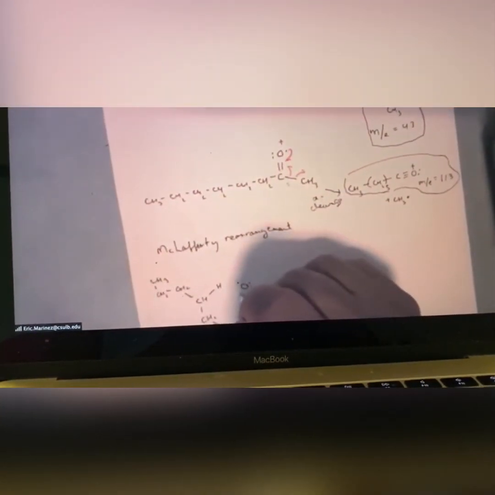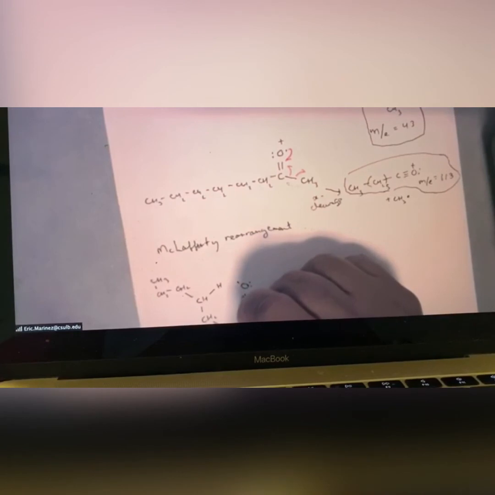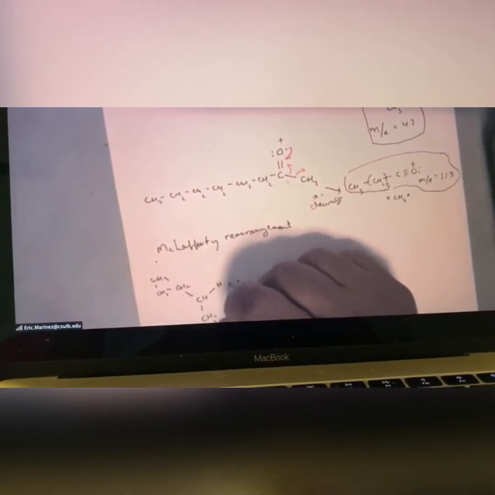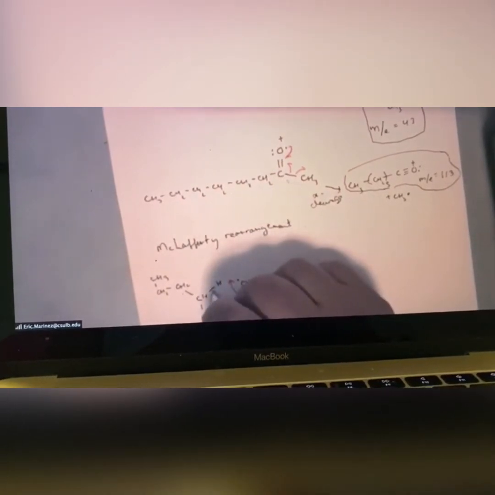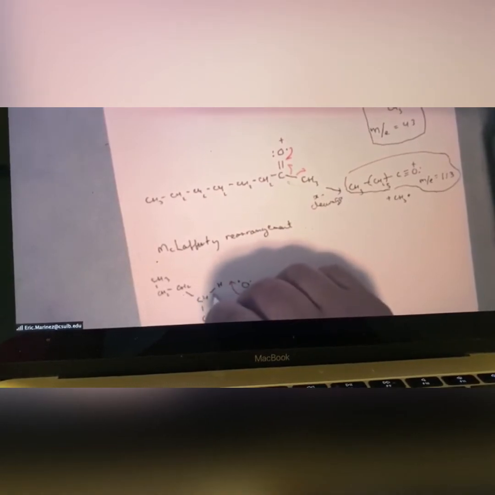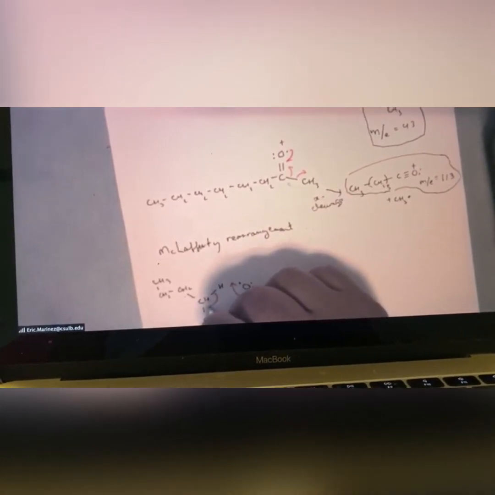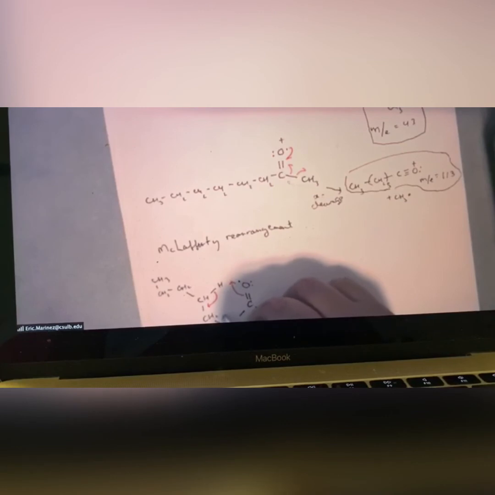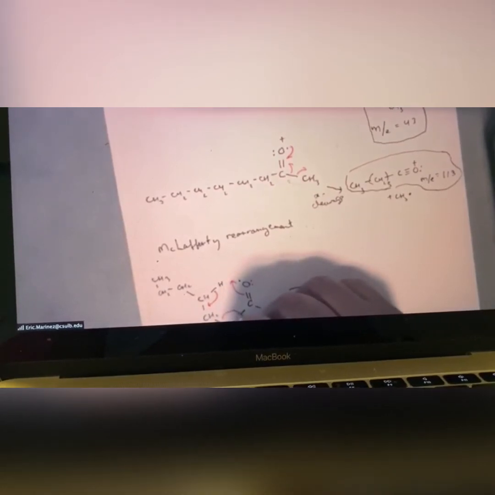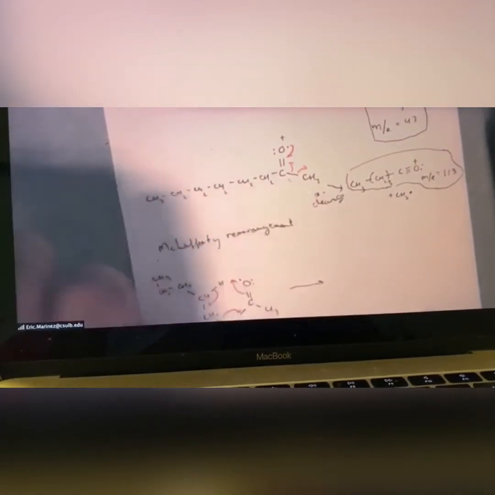Okay? So now that I have that, this will undergo the McLafferty. And the McLafferty is nothing other than just basically taking this pi bond, I'm going to push it here. I'm going to take this gamma CH bond and form a new pi bond here. And then I'm going to take this guy, and this alpha beta bond breaks to form an enol.